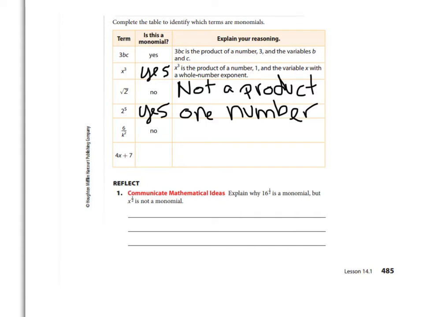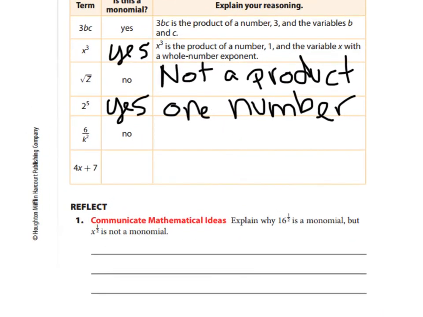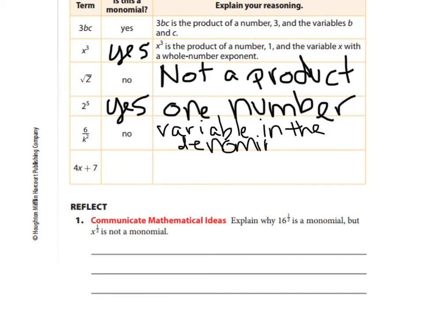Six over k squared is no, because you have a variable in the denominator. And 4x plus 7 is no, because that's 2 terms and not 1.